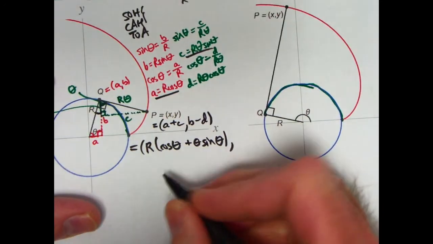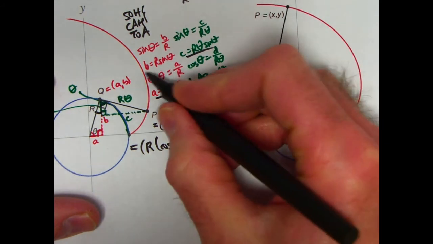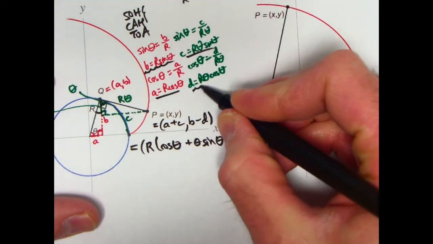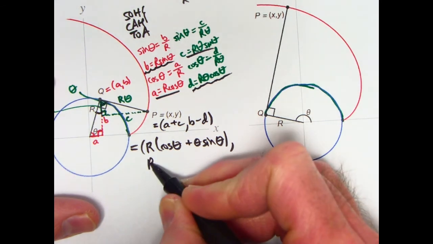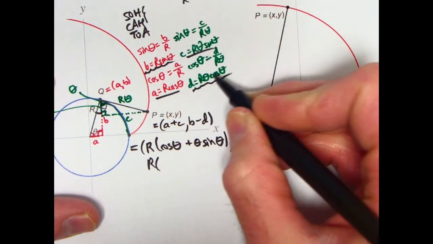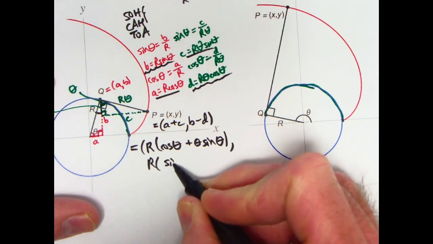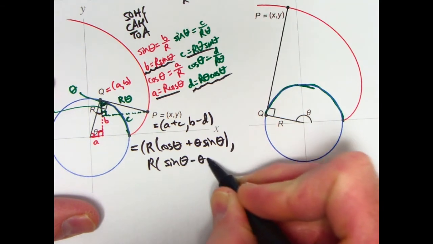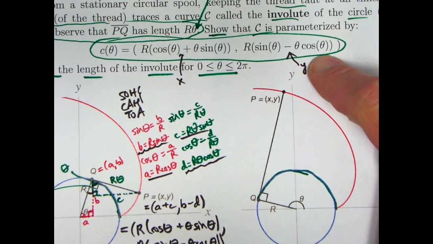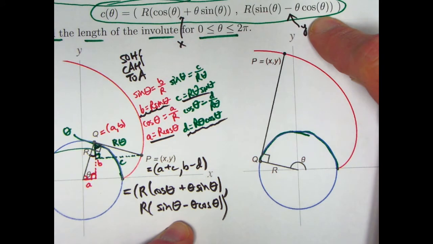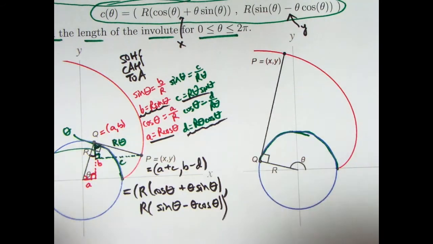And the second coordinate is B minus D, this thing minus this thing. Factor out the common factor of r, and you're left with sine theta minus theta cos theta. That matches this. Okay? So that's a derivation based on this particular picture.